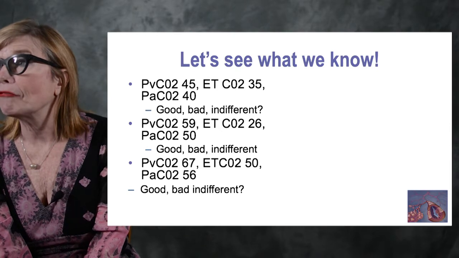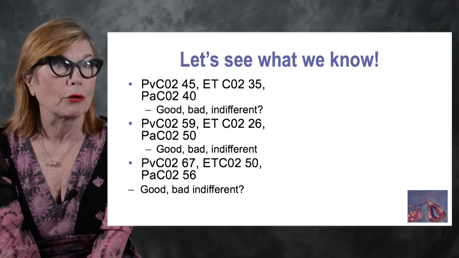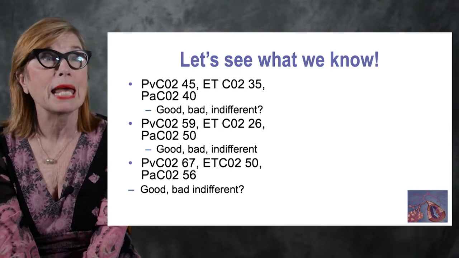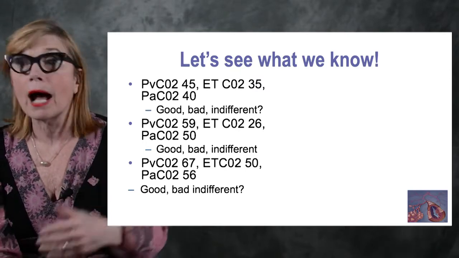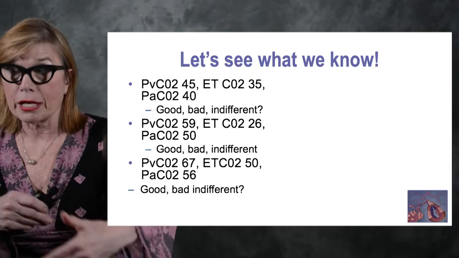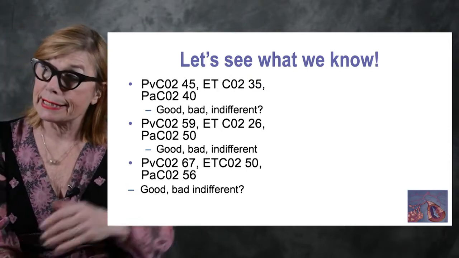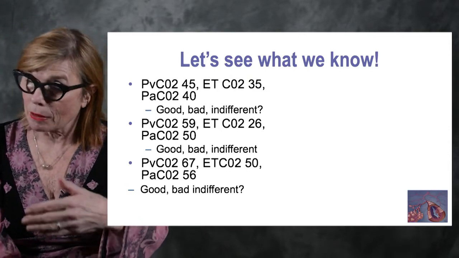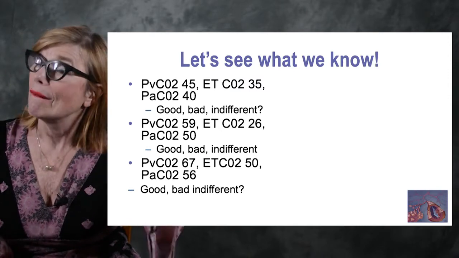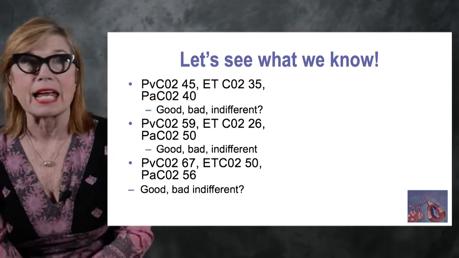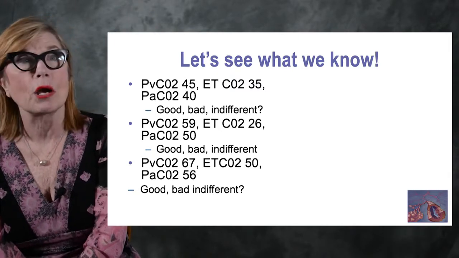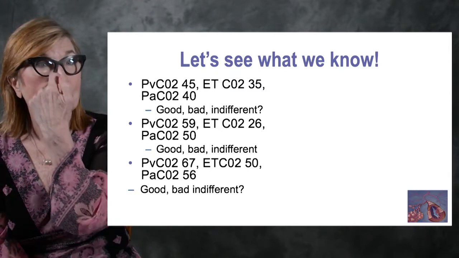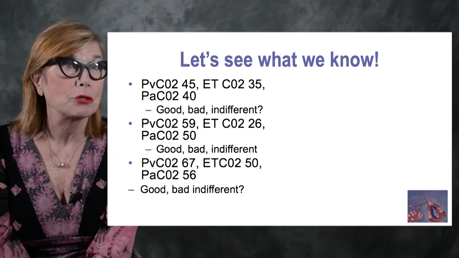So let's see what we know. We talked about ventilation, we talked about perfusion, we talked about PaCO2 normal 35 to 45, and tidal CO2 30 to 40, and venous CO2 should be somewhere between 40 to 50. So, step number one, PvCO2 45, and tidal CO2 35, PaCO2 40.